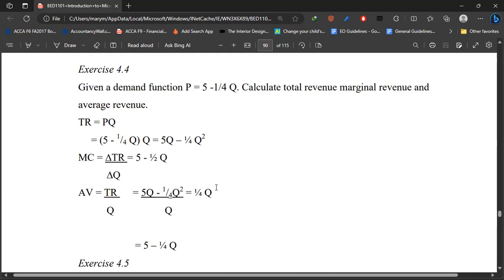Let us just solve that problem very fast.